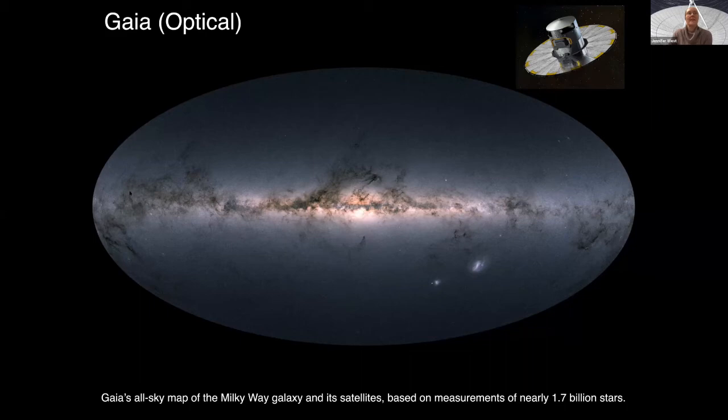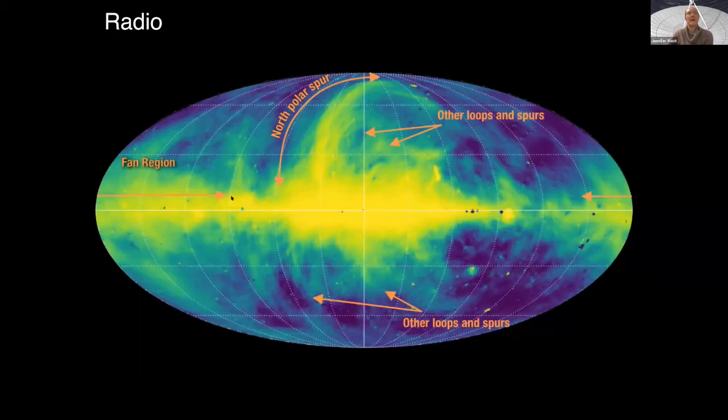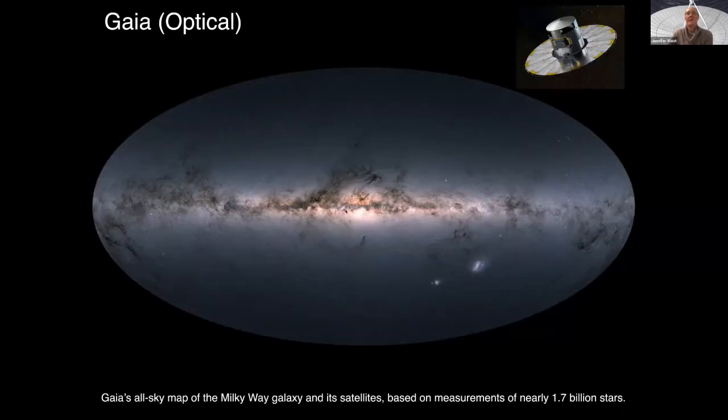And then there's some clumpy stuff over here, which corresponds to this bright area that I've labeled the fan region. So there actually is some correspondence in our optical map between what we see here and what we see in radio. Although here optically it looks dark and not glowing, instead it's black, because these are dusty regions in our galaxy that are actually blocking the light behind it.